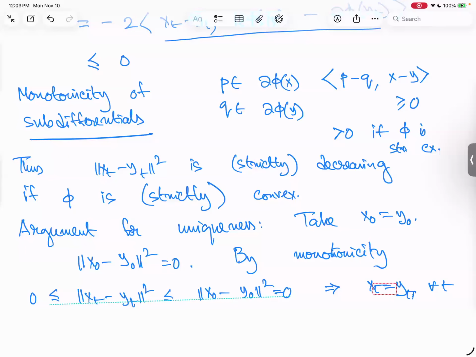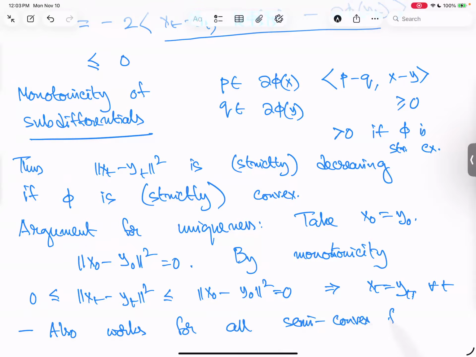Good. You can show this argument also works for all semi-convex functions. I will leave it to you to verify, by a judicious use of Gronwall's inequality.